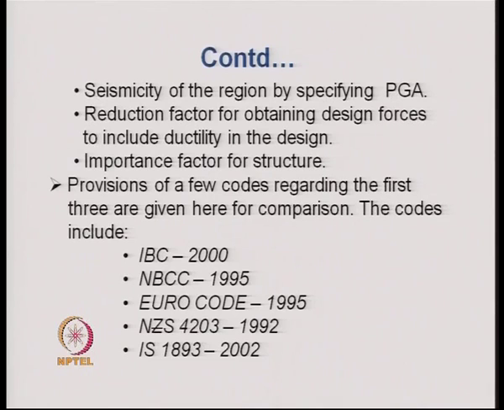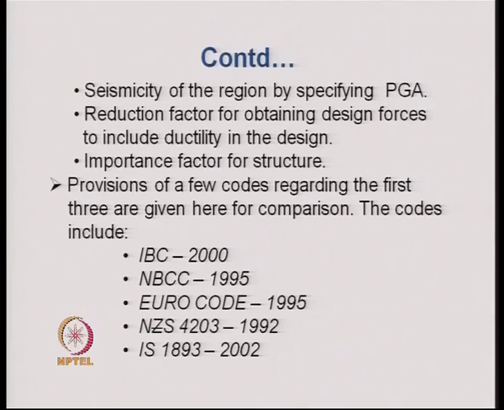Finally, we have the importance factor included in the seismic design of structures. The importance factor provides relative importance to different types of structures. For example, a nuclear power plant must be designed to be safer than a residential building or any other structure.